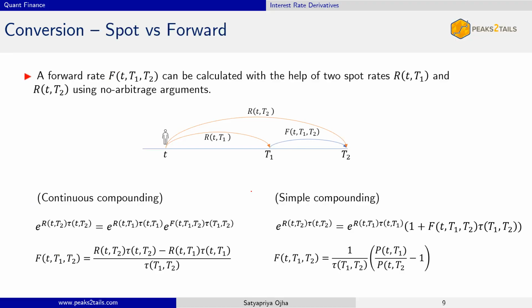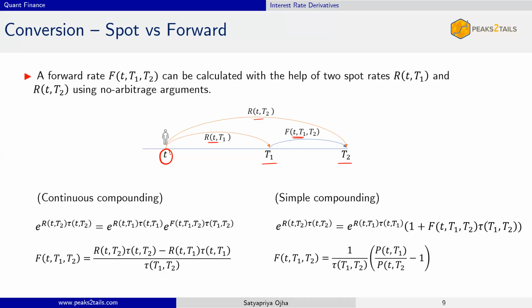Next. How do you go from spot rates to a forward rate? Suppose we want to figure out the forward rate between T1 and T2, standing at time small t. What is the forward rate applicable between T1 and T2, which is in the future? You can calculate that using the two spot rates. The first spot rate, remember, starts right where you are standing. Okay.